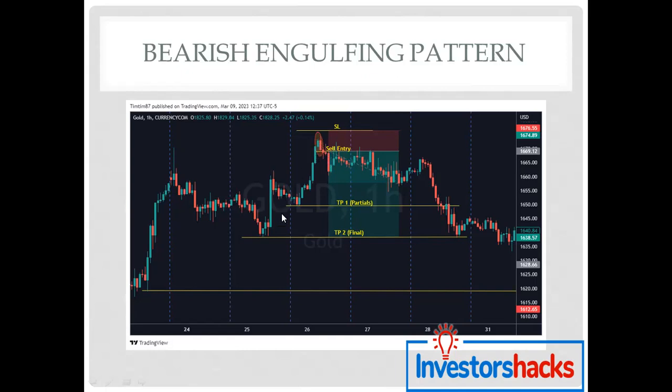And therefore, if you are in a buy in this uptrend, you will look to exit the trade so that you don't take losses, so that the trade does not reverse all the way back to your entry. And therefore, when you do that, you'll be using the bearish engulfing pattern as an exit strategy.